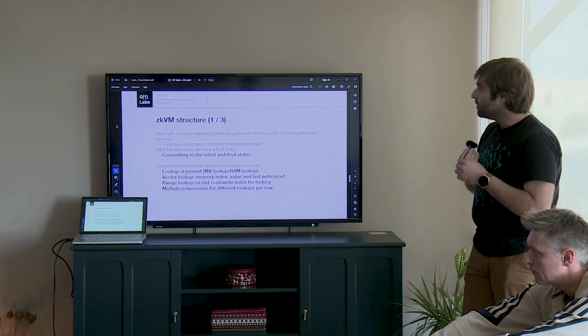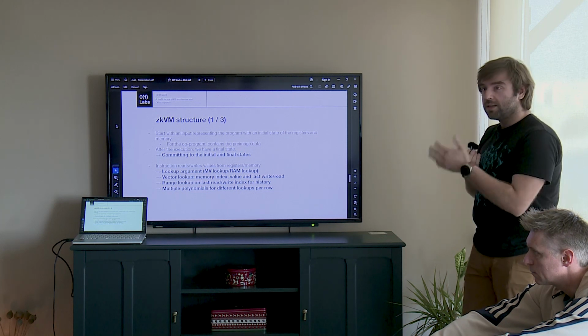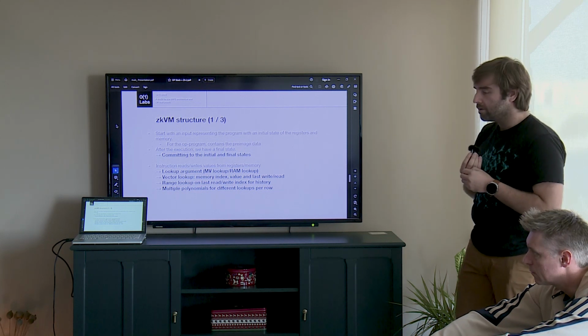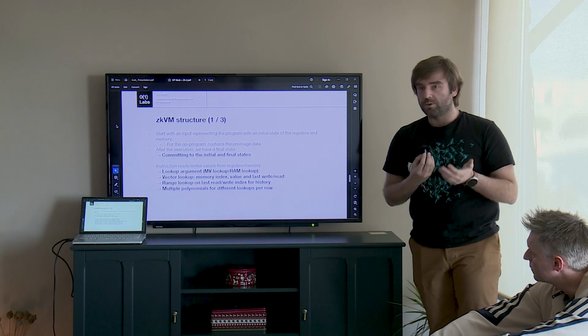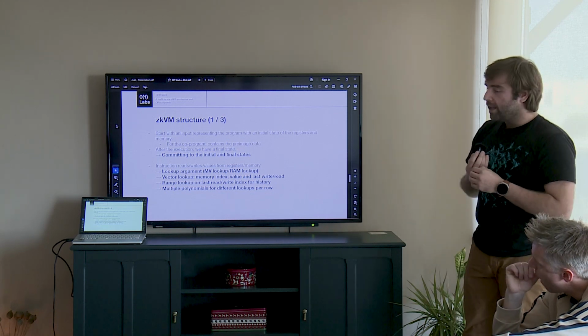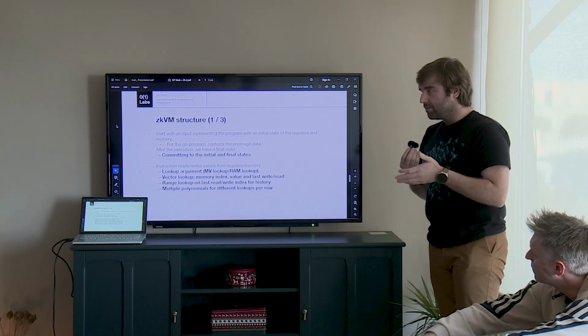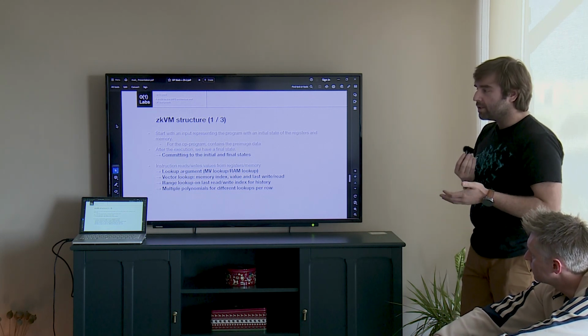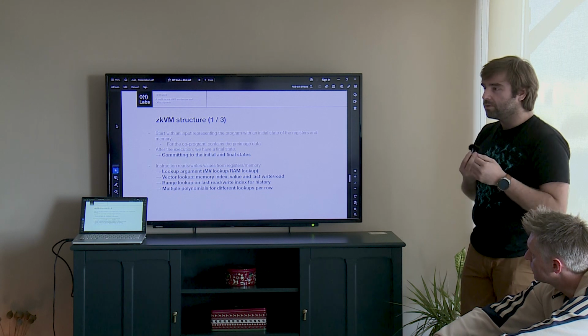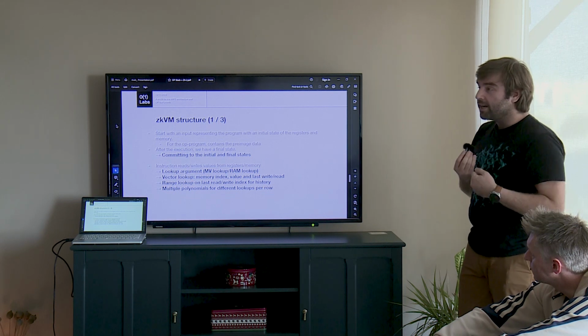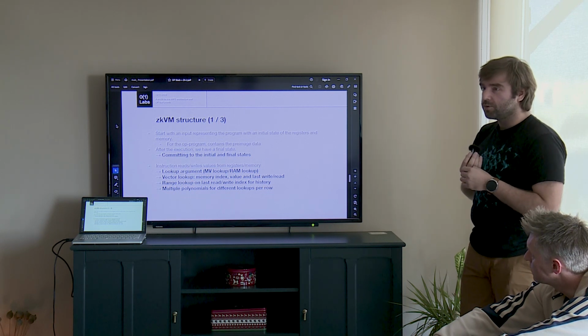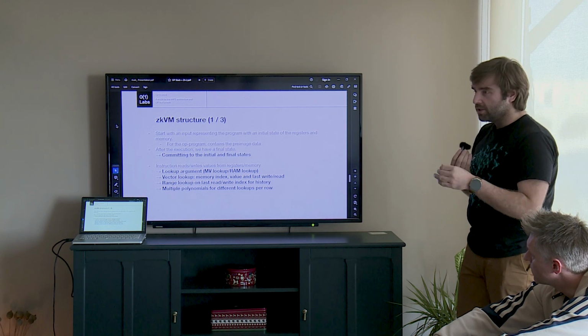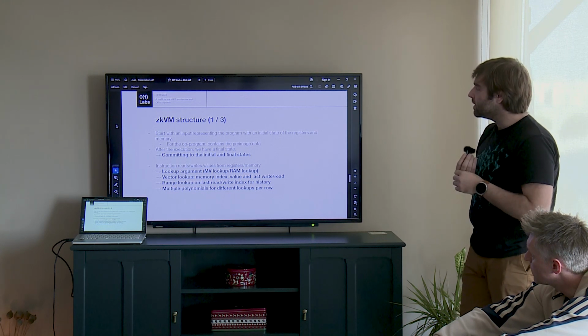So we first commit to the initial and the final state of the memory and the registers. And what's very important in the zkVM is how you're going to read and write from the memory and the registers. So the instructions can read and write registers and memories.